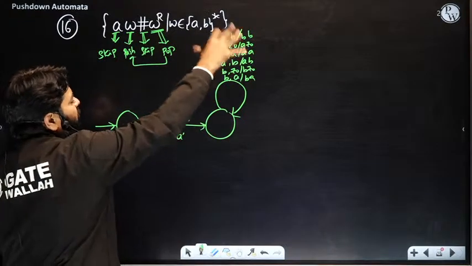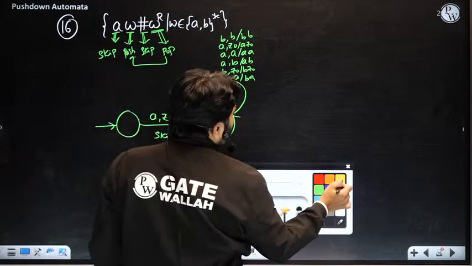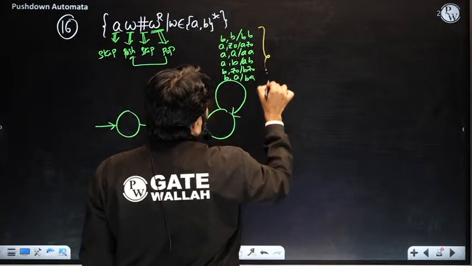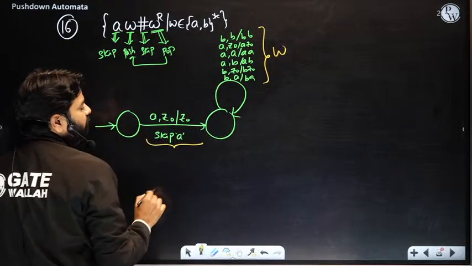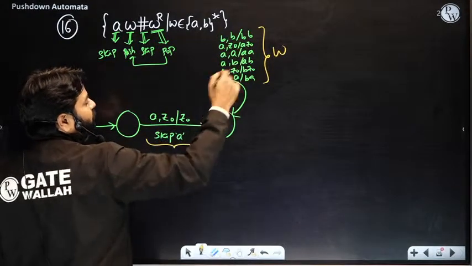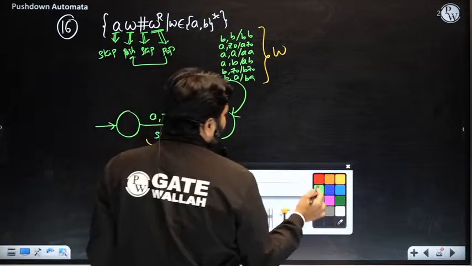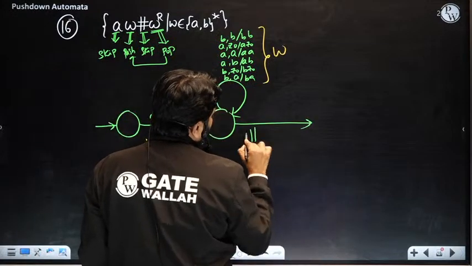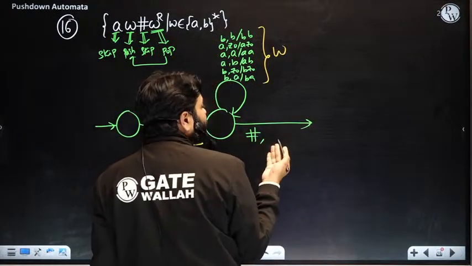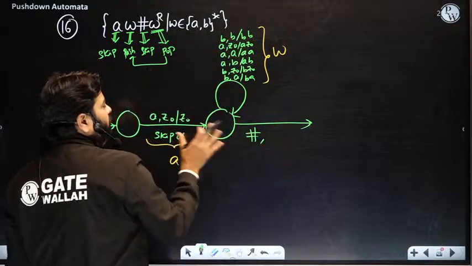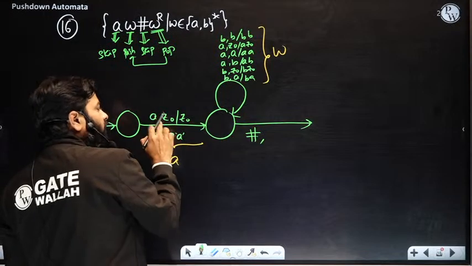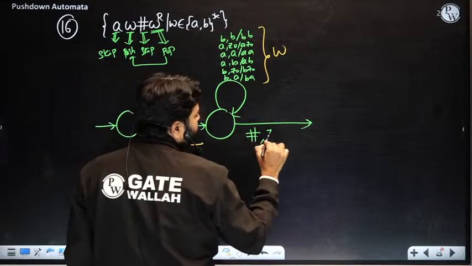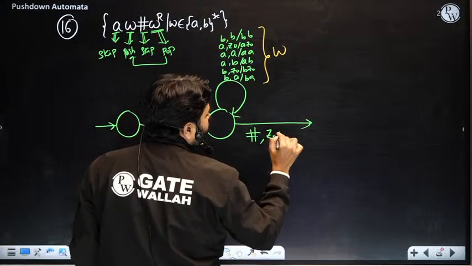W done, push. This whole thing is W. So this is A, W, and now the hash should come. What should be on the top of the stack? Here, A we are not pushing, right? So we have no restriction on what is there. So Z0 may happen. What else?